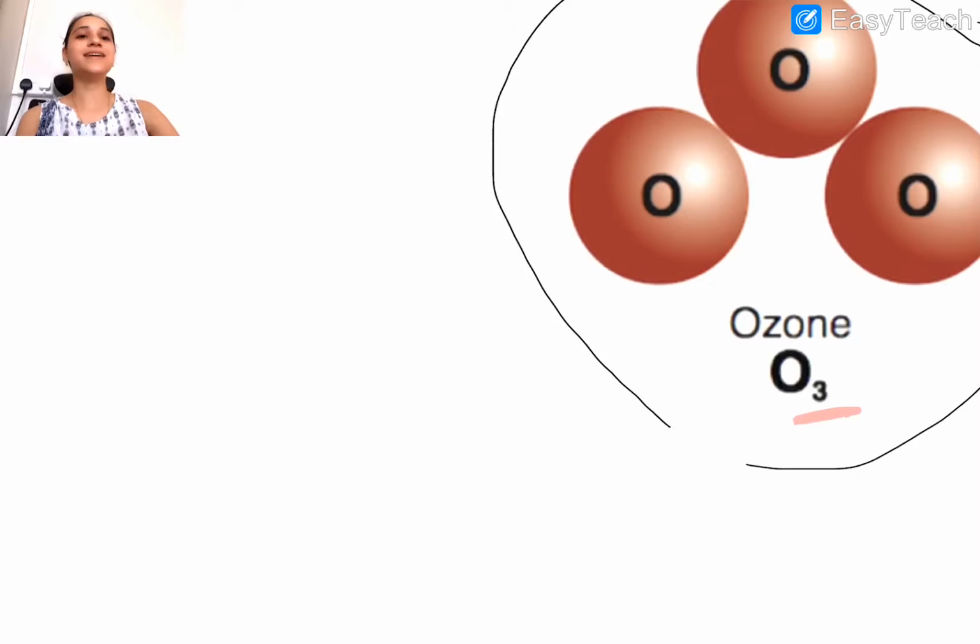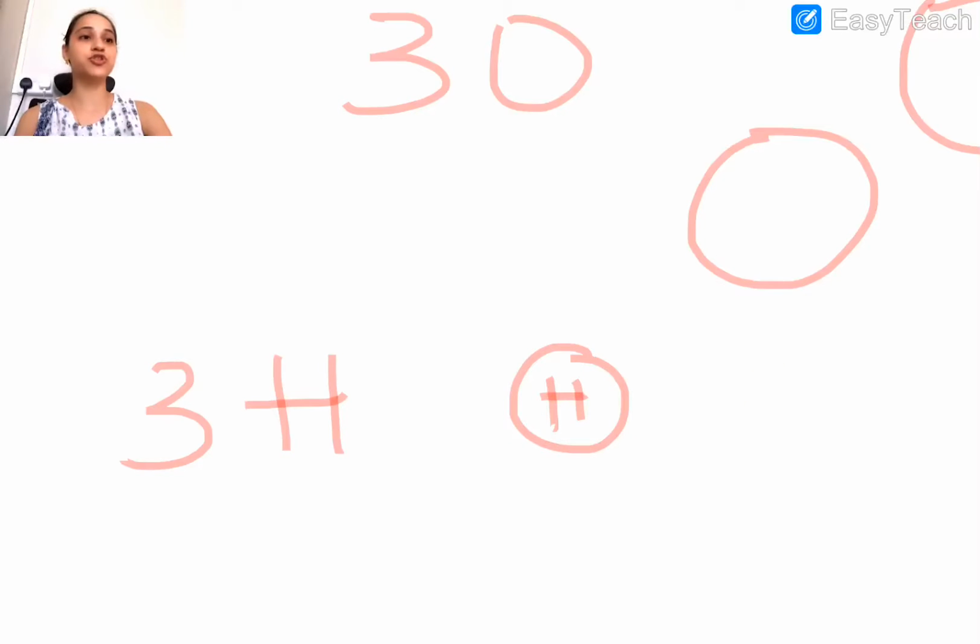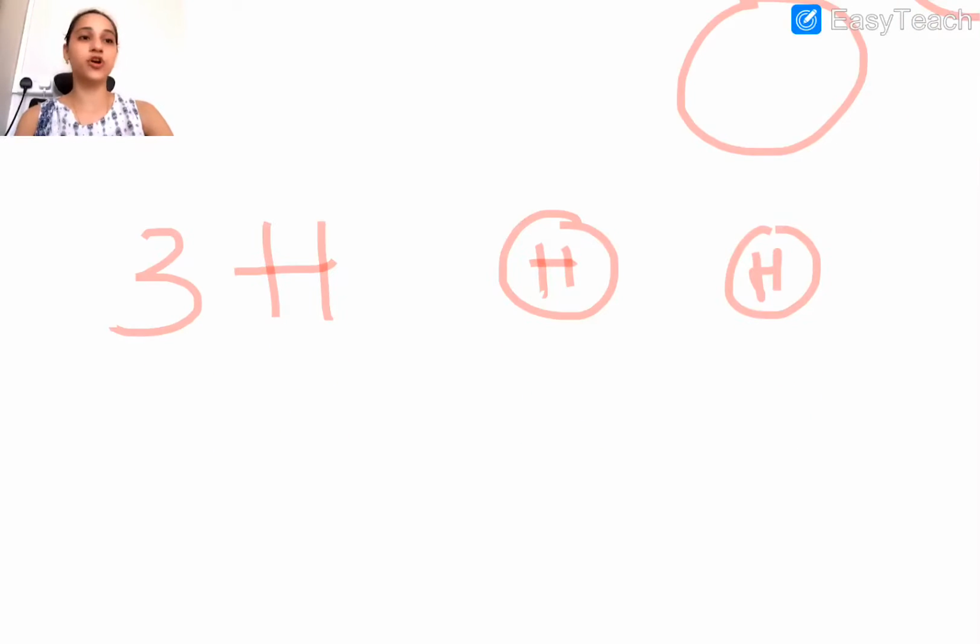Now, if I write 3O, what does 3O mean? 3O means there are 3 oxygen atoms that are not combined. If I write 3H, it means there are 3 hydrogen atoms that are not combined, that exist on their own.